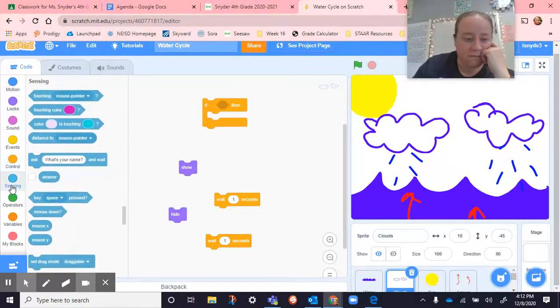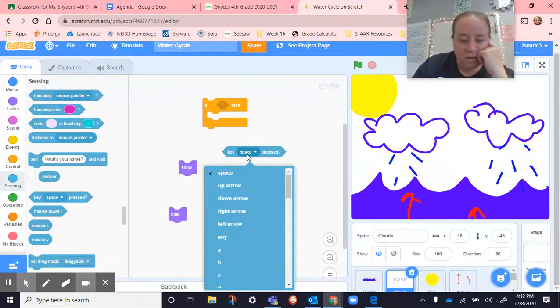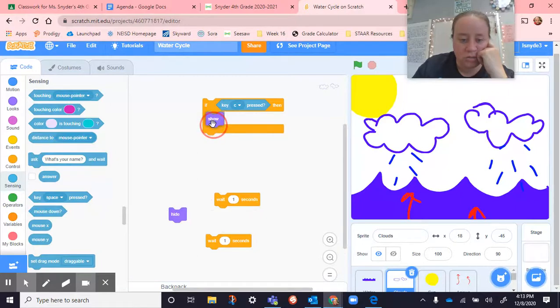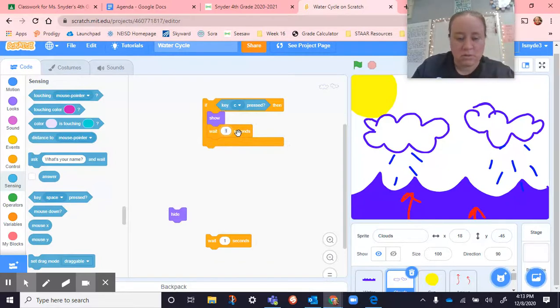So if I'm doing condensation, I'm going to put if the C is pressed, then show, and then I'm going to wait.